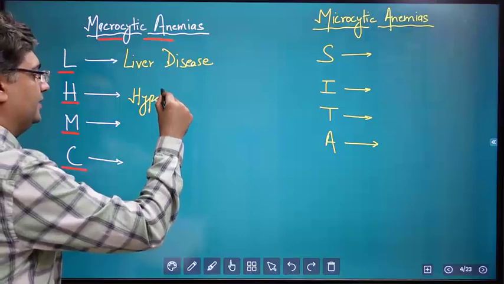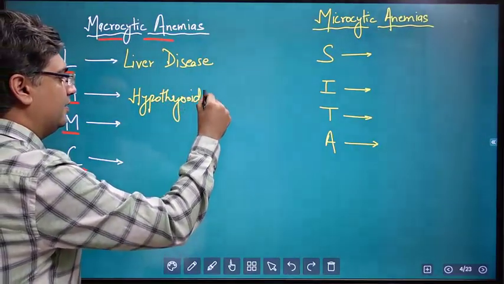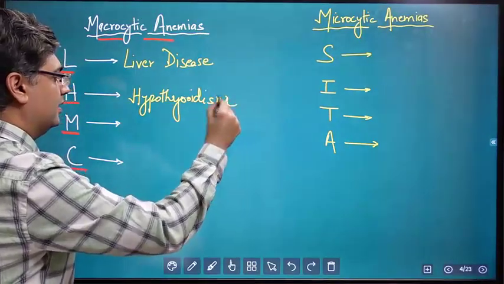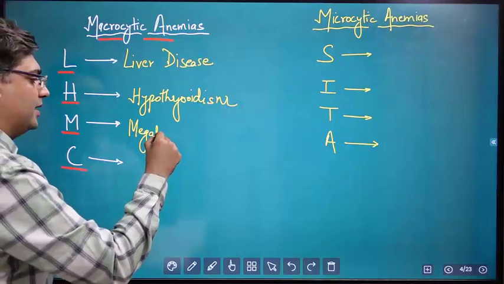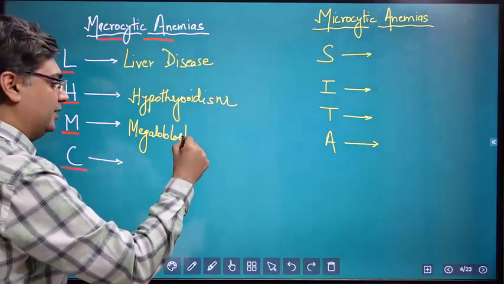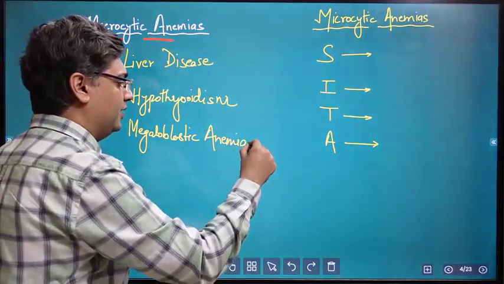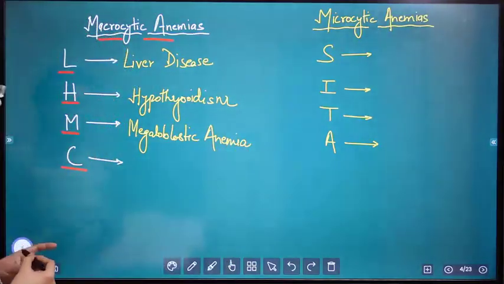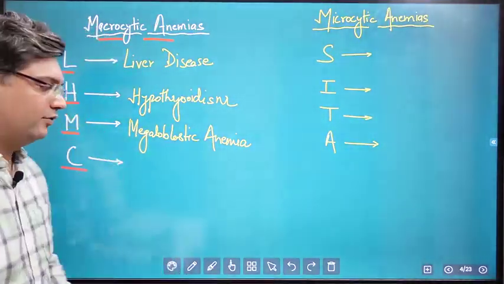Okay, it is hypothyroidism. Then what is the M here? We've already talked about it, it is megaloblastic anemia. Yes, isn't it? We've already talked about the M here, which is megaloblastic anemia. C are the cytotoxic drugs.